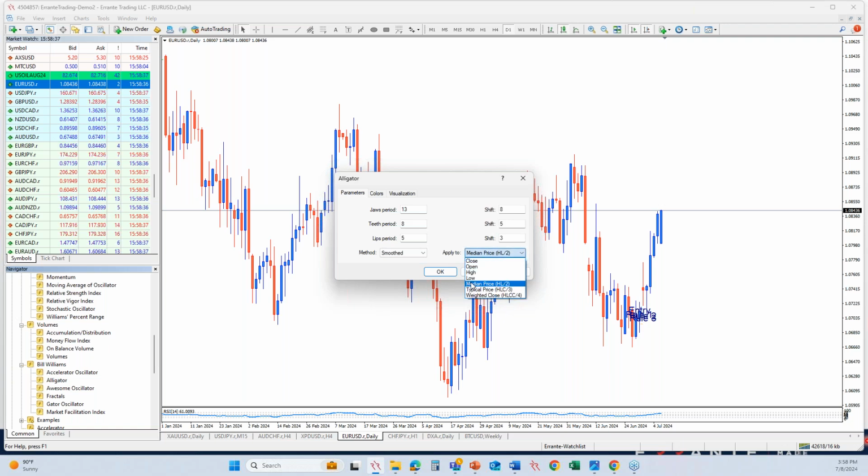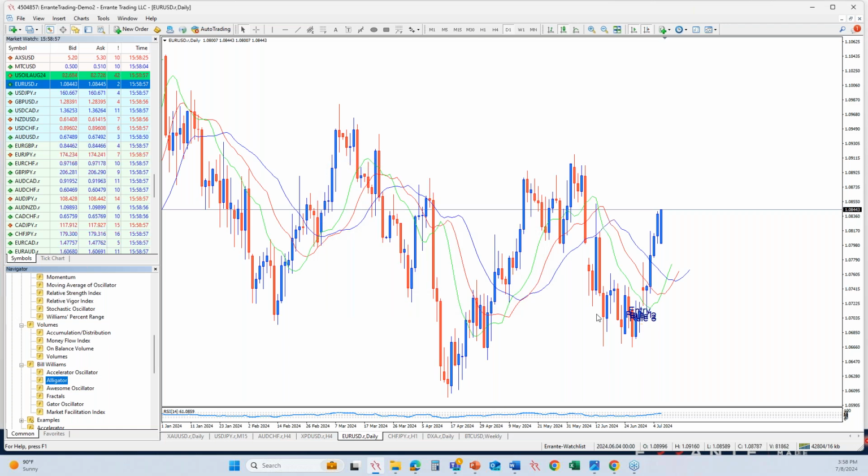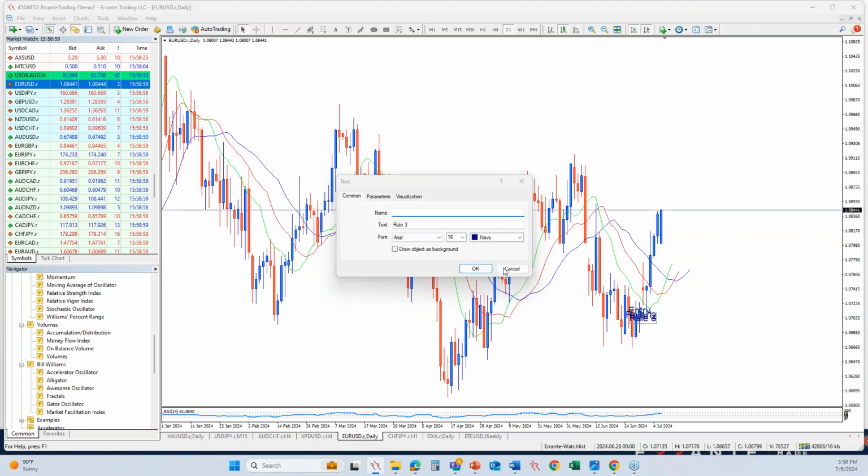It's your trading strategy, by the way, but the default setting is median price. And when you apply it, you see it's shifted 8, 5, and 3 here, and all of them are Fibonacci sequence numbers. And then you can apply it very easily on your chart.